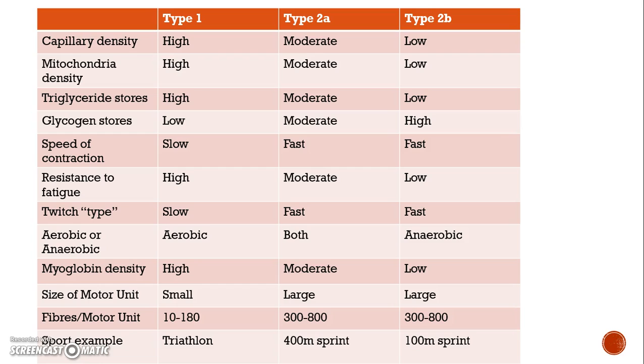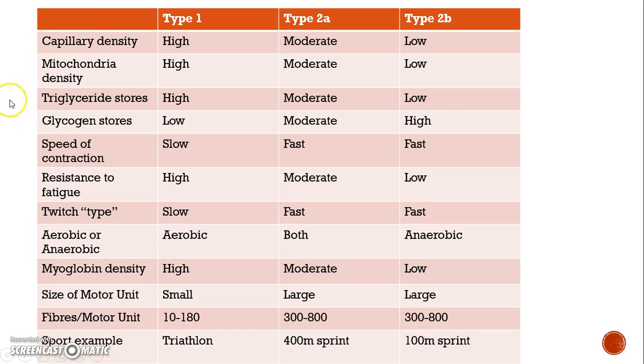Therefore, he won't have as much energy if he's using type 1, because there's low glycogen stores there. Yeah, granted his resistance to fatigue is high, but who cares? If he's running for less than 10 seconds, you can run as quick as you can for 10 seconds. Granted, you feel tired afterwards, but you can maintain top speed for 10 seconds. These are the reasons type 1 fibre type isn't suitable.